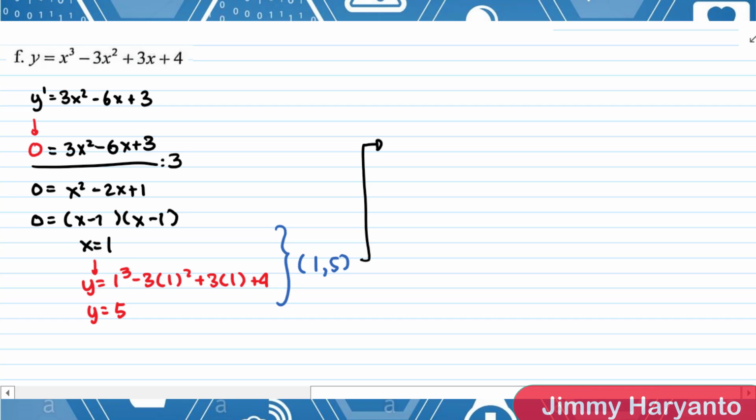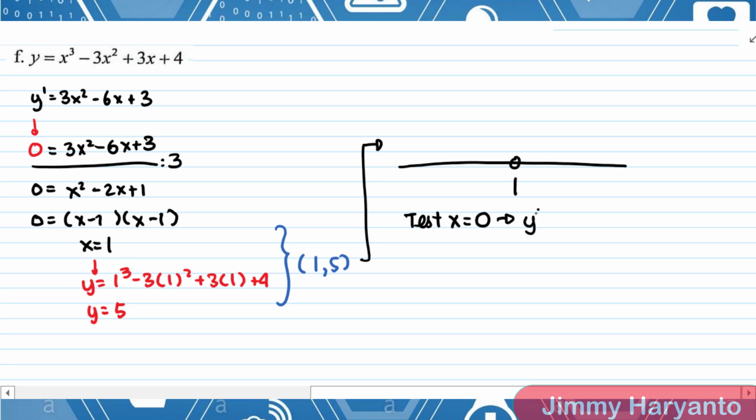So for these questions, instead of using the y double accent, we should do it using a sketch. To sketch it, you have to draw a number line, and then put x equals 1 on the line, and then test for x equals 0.